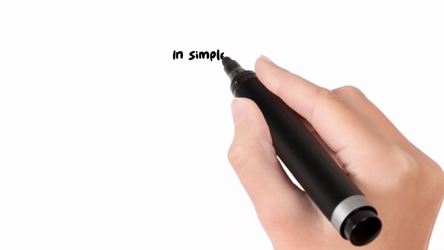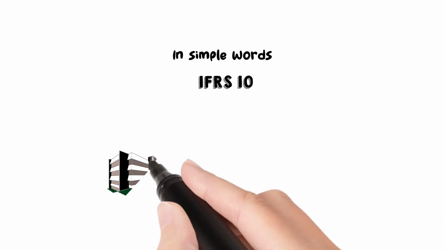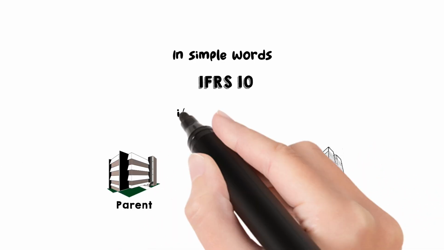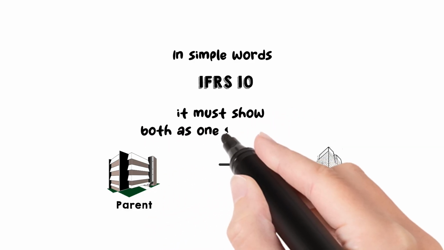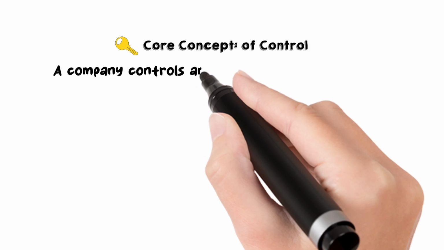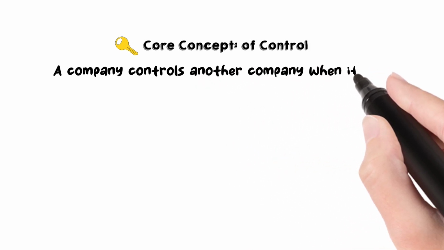In simple words, IFRS 10 says if one company controls another company, it must show both as one single entity in financial statements. Core concept of control. A company controls another company when it has: 1.